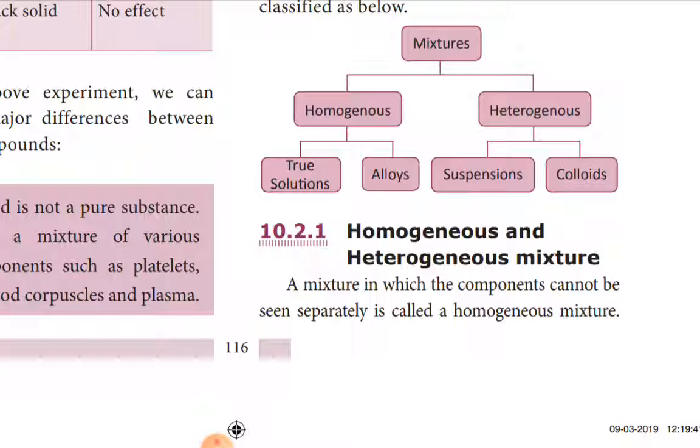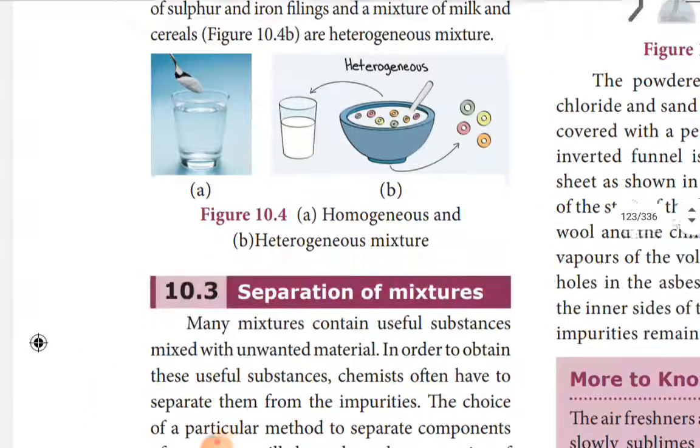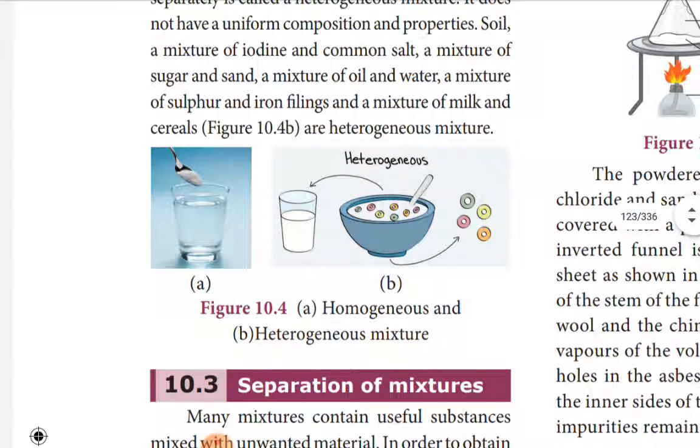In a heterogeneous mixture, components can be easily seen through our naked eye and also easily separated using physical methods. The next topic is the separation of mixtures, and the methods of separating the components of a mixture we are going to discuss in the next class.